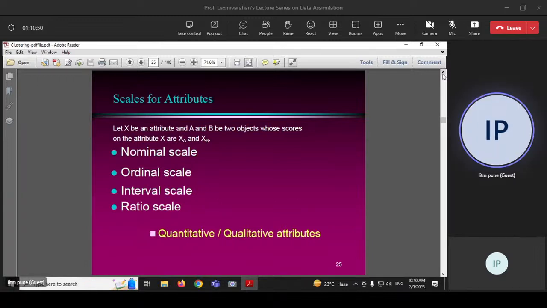But number grade to letter grade, there's a loss of information. So some transformations are intrinsically lossy, some transformations are not. So you need to worry about information-lossless transformation to be able to think about what kind of transformation would be suitable in a particular example.